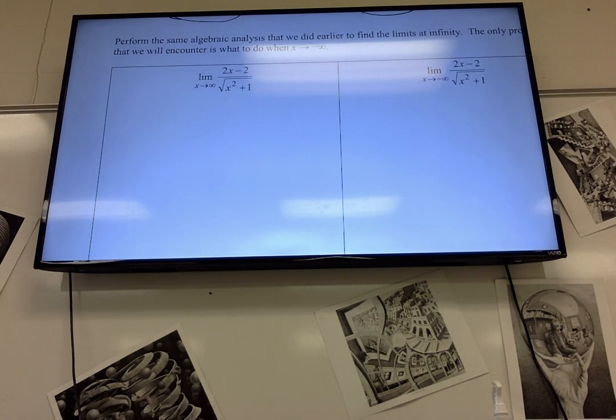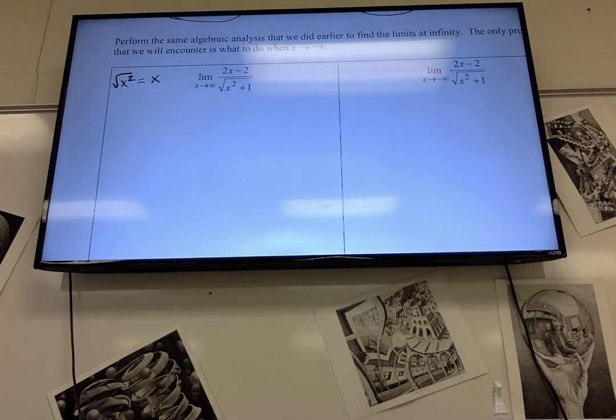Okay, so the highest exponent that's on the bottom here is x squared, but it's the square root of x squared, so it's x. So really we're dividing by x. Now we know the square root of x squared is technically what? Positive or negative x, right?